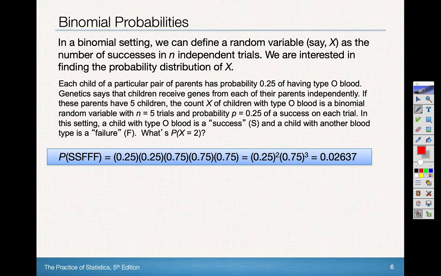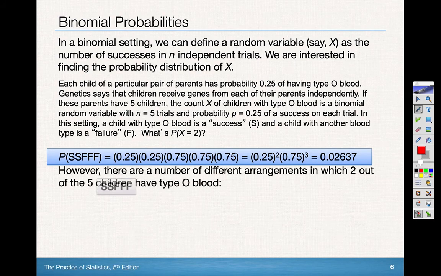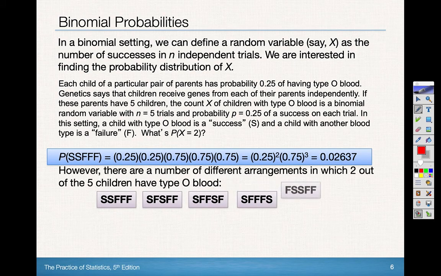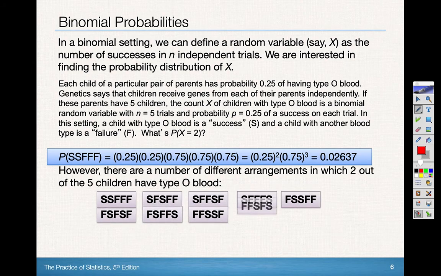And what you should be saying to me right now is there's a giant red flag. Because you're saying to me, well, Mr. V, when we learned probability at the beginning of the year, and when we learned probability last chapter, what about all of the orders that this could occur in? There absolutely is.